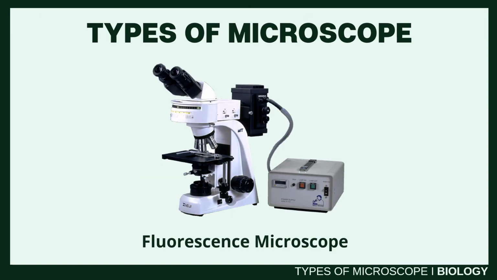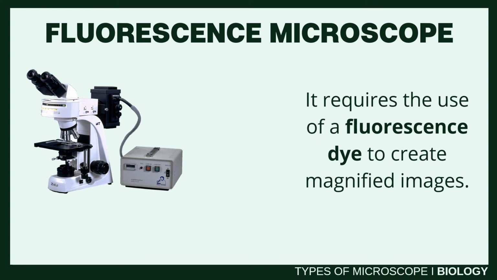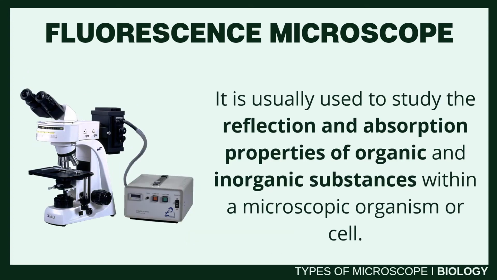Next type of microscope is the fluorescence microscope. A fluorescence microscope uses fluorescent dye to form the magnified image. This microscope is essential for studying the reflection and absorption properties of organic and inorganic substances present inside a microscopic organism.